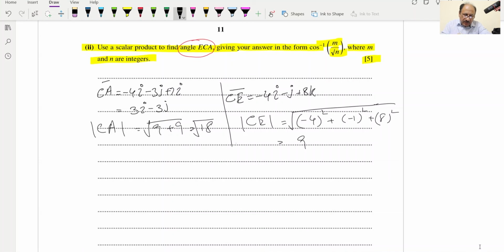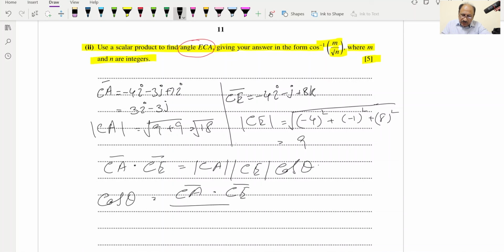Now we can find CA vector dot CE vector. This is the formula which we will be applying. CA magnitude into CE magnitude into cos theta, and cos theta will be equal to what? Cos theta will be equal to CA vector dot CE vector divided by CA magnitude into CE magnitude, and we will replace values.